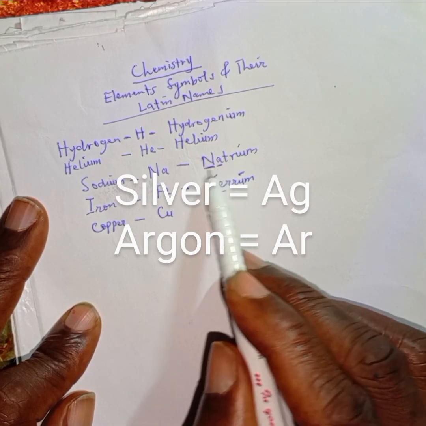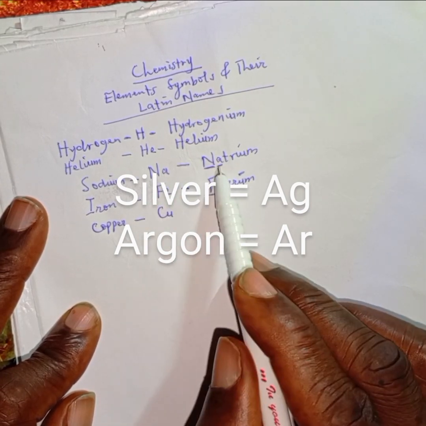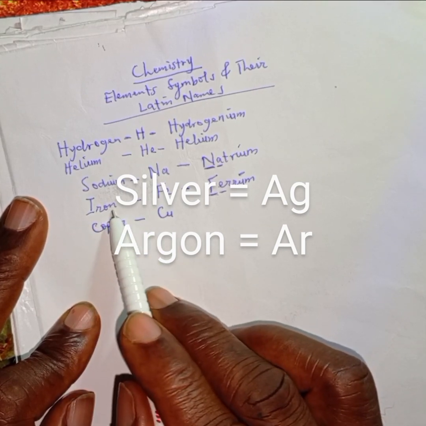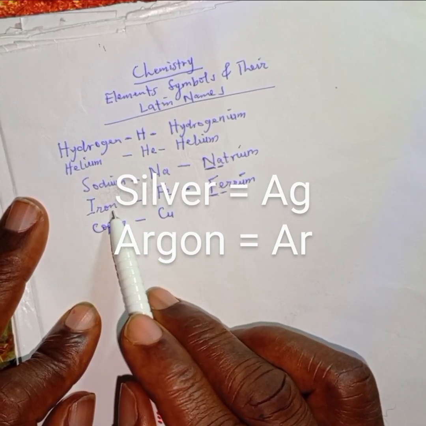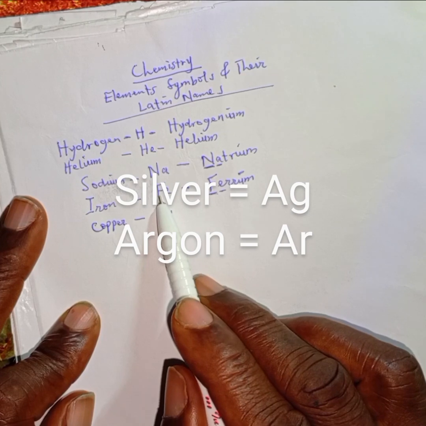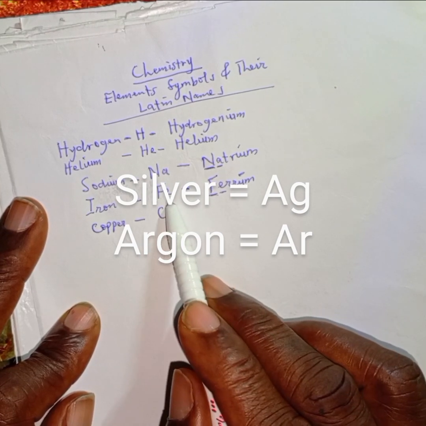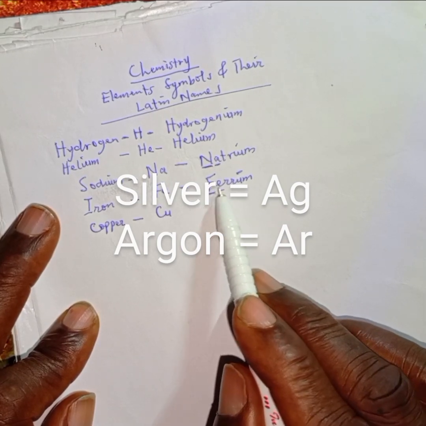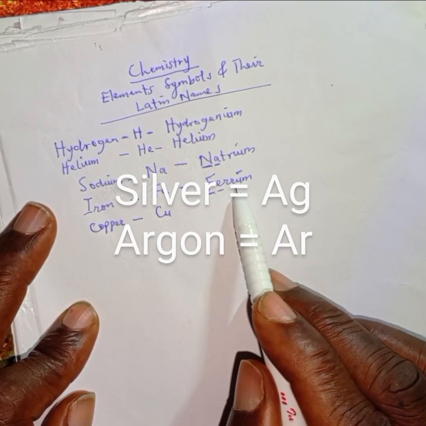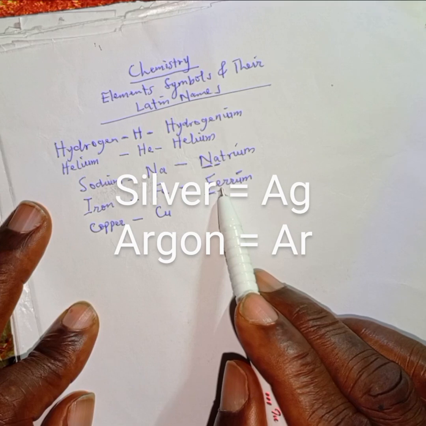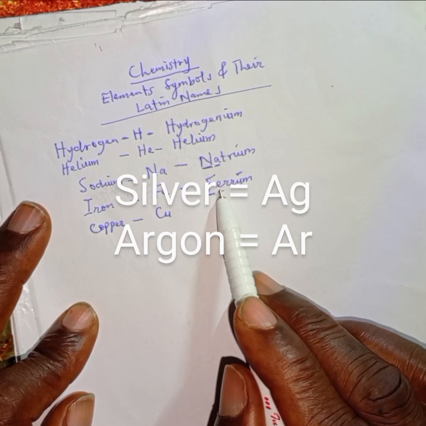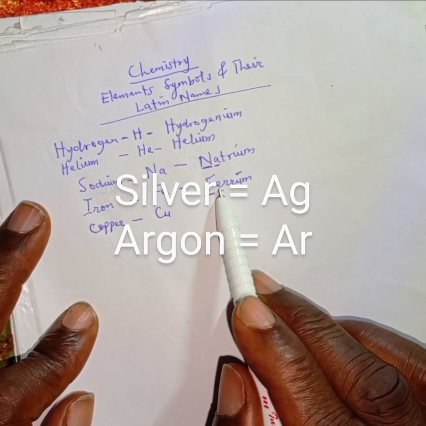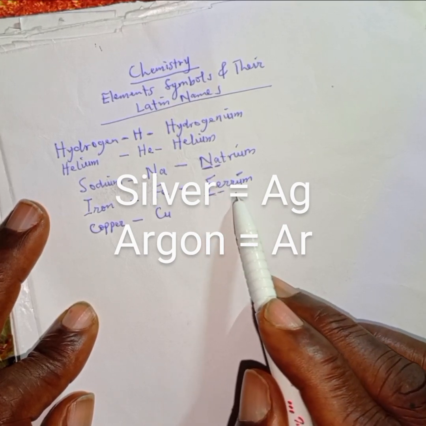But we got all these symbols from the Latin name. In iron, there is no F and no E, but we got the symbol Fe from the Latin name ferrum. We got the first two letters Fe from the Latin name ferrum.